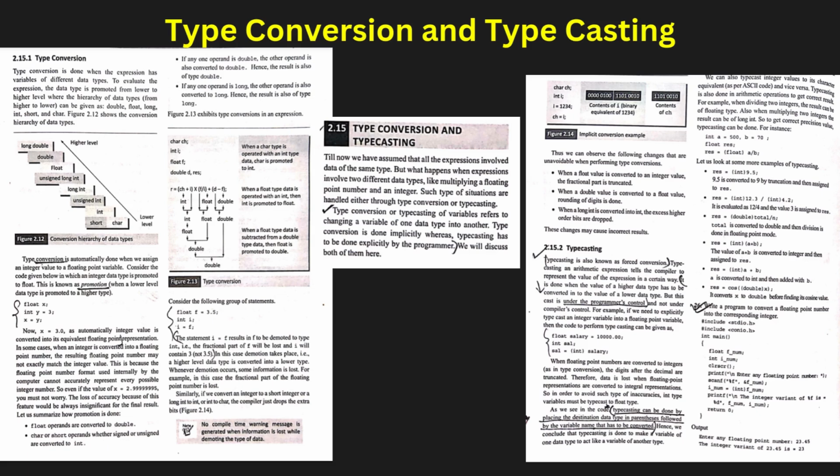But typecasting, or explicit conversion, is when a programmer manually converts a data type using syntax like (float) a. So before a, we use the brackets and give the data type. A is a kind of variable. So understanding these concepts prevents unexpected errors in the calculation.